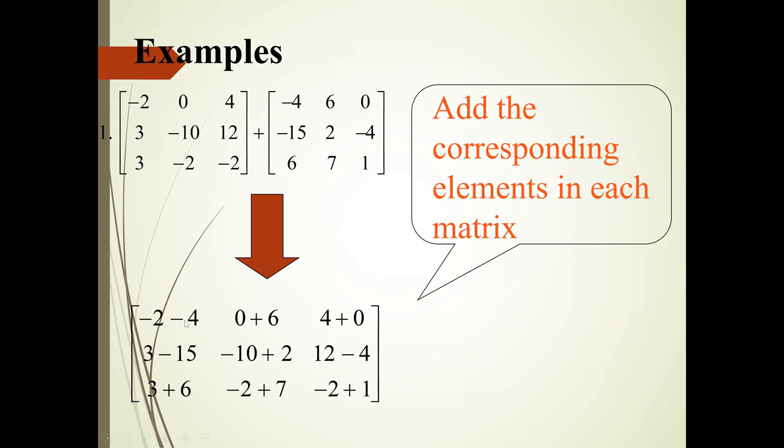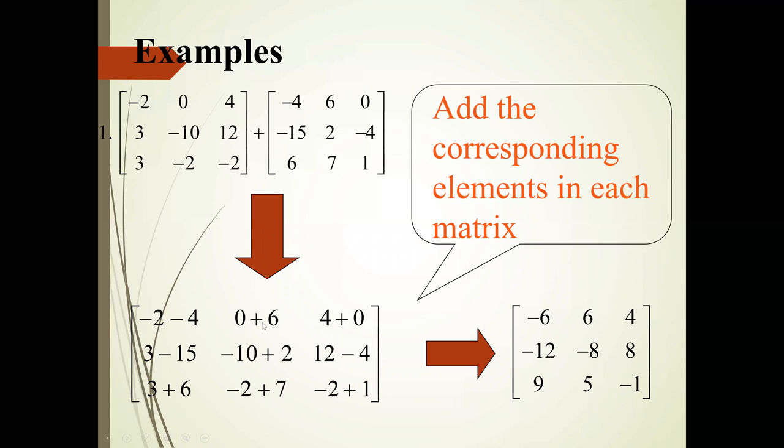So -2 minus 4 would give us -6, 0 plus 6, 6, 4 plus 0, 4, 3 minus 5, that's -2. -10 plus 2, that's -8. 12 minus 4, that's 8. 3 plus 6, that's 9. -2 plus 7, that's 5.